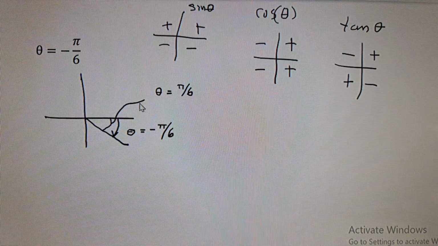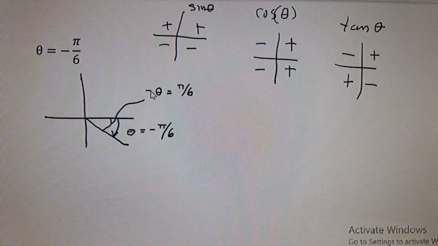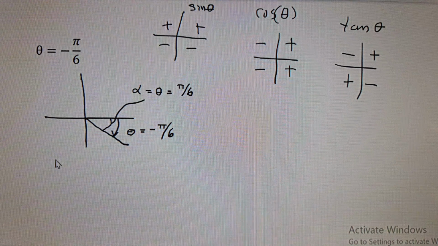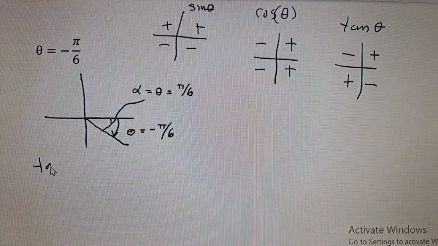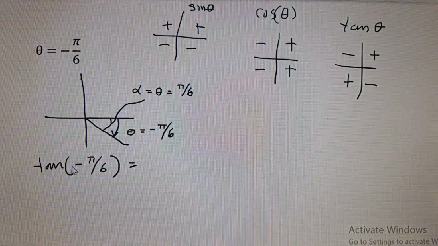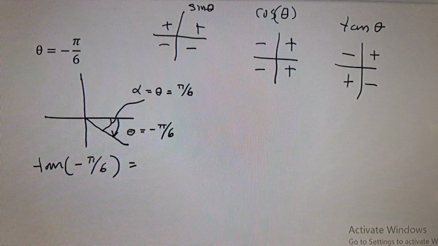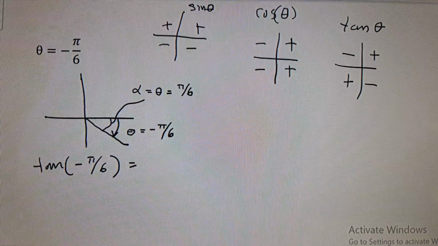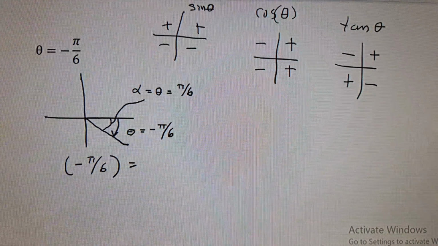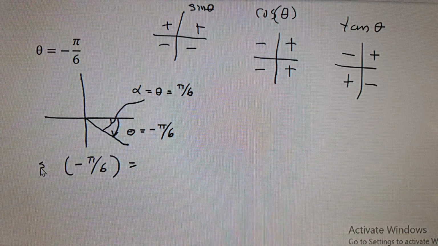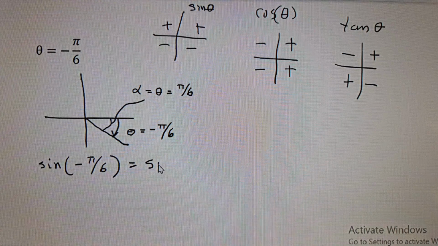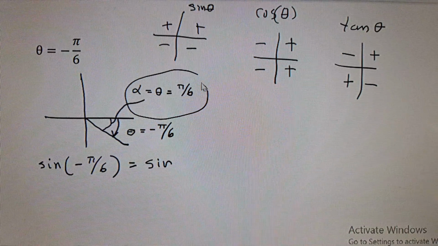So that is actually the reference angle. So the tangent of minus pi over 6 is actually equal to, let's start off with the sine first. Well, the sine would be equal to the sine of the reference angle, pi over 6.